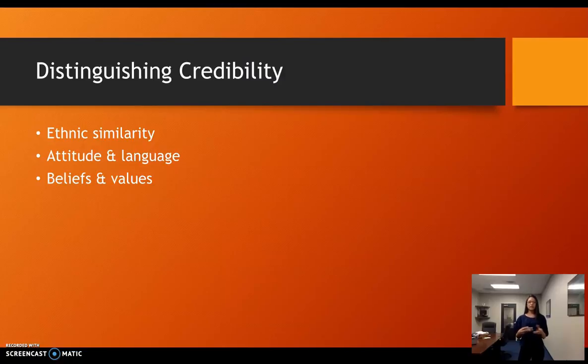So how an audience distinguishes credibility is partially through ethnic similarity, but mostly through attitudinal and ideological beliefs, as well as the language. Some other things might be attractiveness, how the speaker talks to the audience, and just their pattern of language in general.